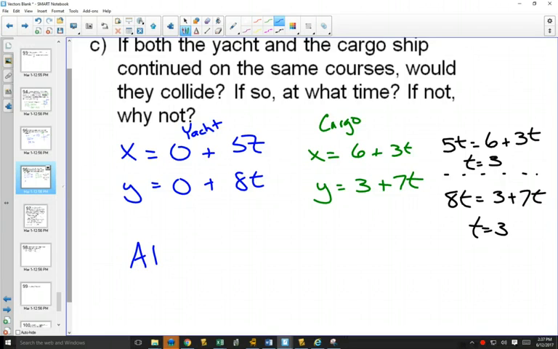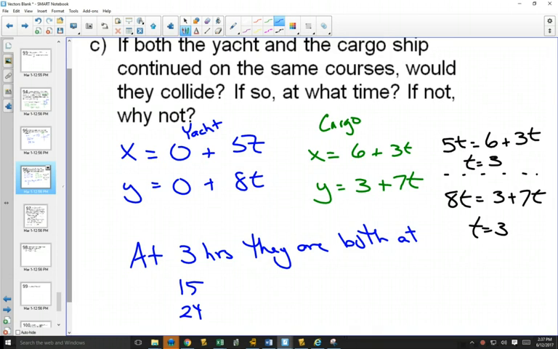At 3 hours, if I plug 3 into either equation, I get 15, 24. So they will collide. And then it'll be a not so pleasurable craft.